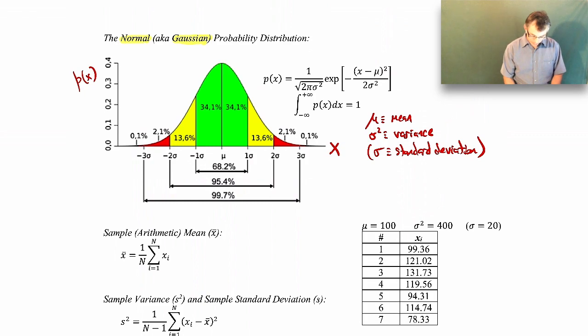If you go plus or minus 1 standard deviation from the mean, roughly 68.2% of all your measurements will lie in that range. And then if you go plus or minus 2 standard deviations, 95.4% of those measurements lie in that range. And then 3 standard deviations, 99.7% lie in that range. So the vast majority of your measurements lie within plus or minus 3 standard deviations from the mean.